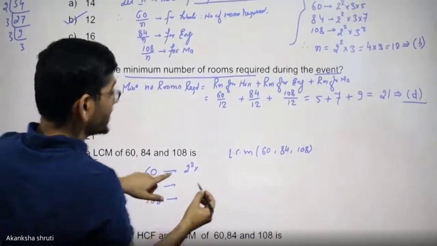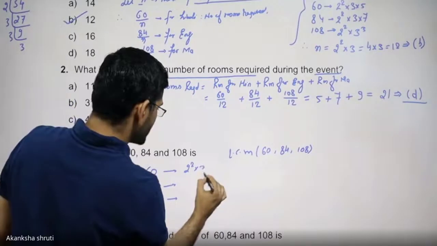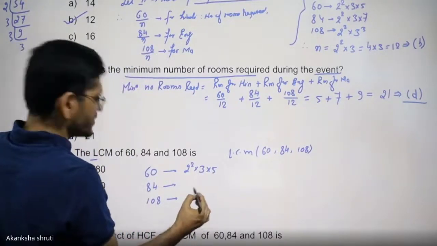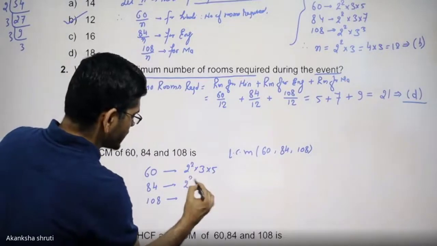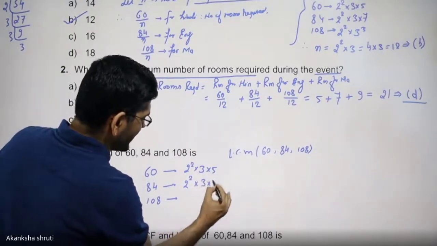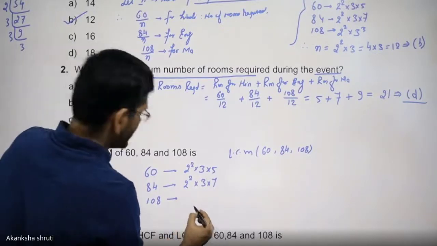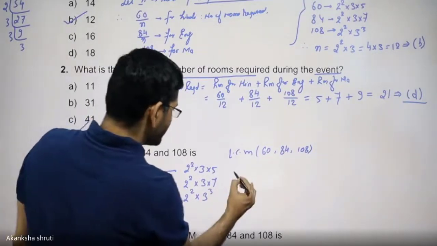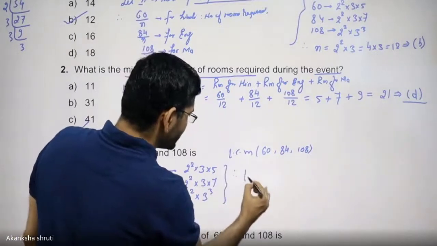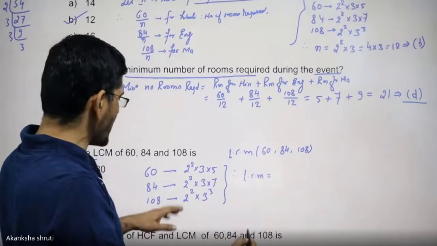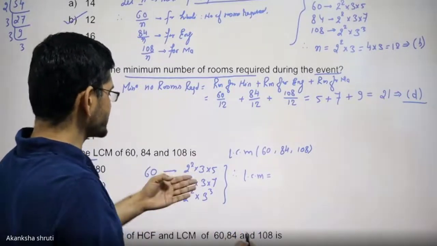So 60 is 2 square into 3 into 5. The 84 that we have done was 2 square into 3 into 7. The 108 is our 2 square into 3 cube. Therefore, the LCM of these three is obtained by taking the product of factors with the highest power.